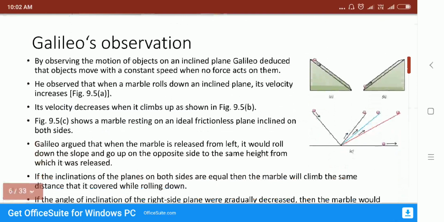Next is Galileo's observation. Here we are going to learn Newton's laws. Three laws were given by Newton.